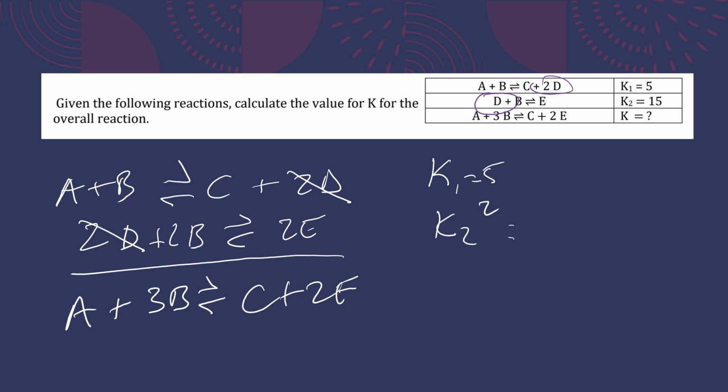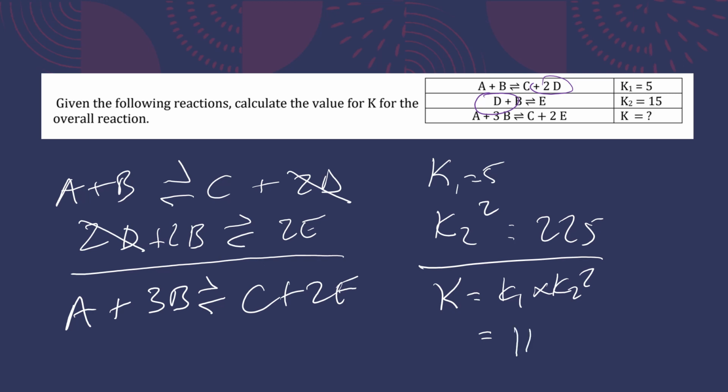So this becomes 15 squared, which is 225. So my overall K is K1 times K2 squared. So it's going to be 5 times 225. So just the value is 1,125.